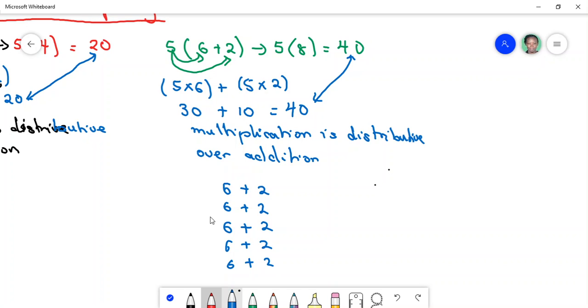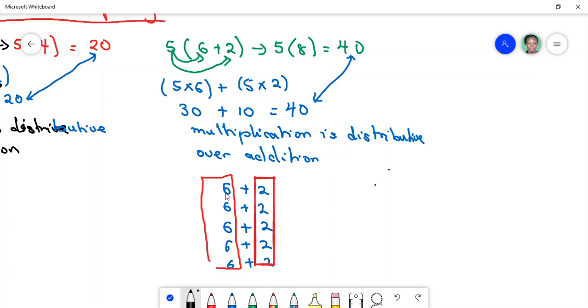So if I'm adding, I have this to add and this as well to add.